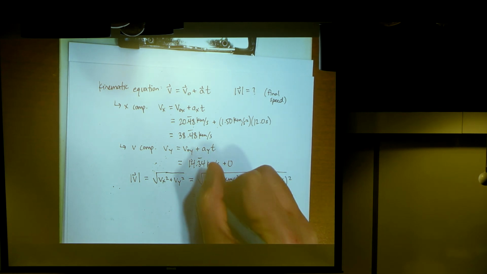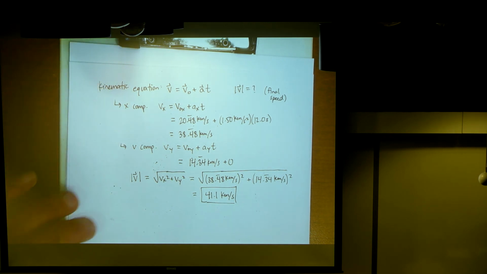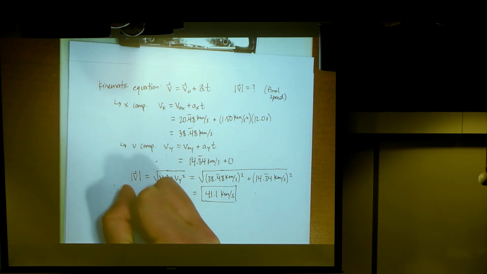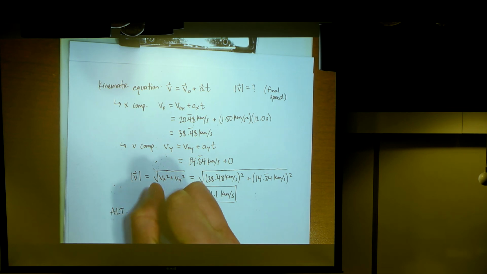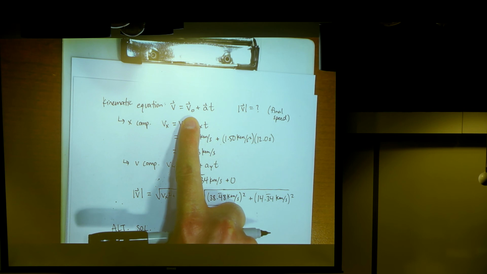Okay, so we've sped up some amount, right? So let me just outline how you do this the other way. This would be the algebraic method, right? The alternative solution is to start with our equation that we wrote down at the very beginning and draw some kind of diagram showing this vector addition that's going on.